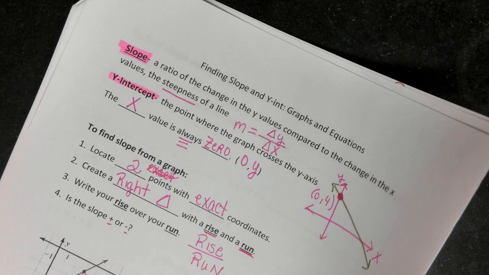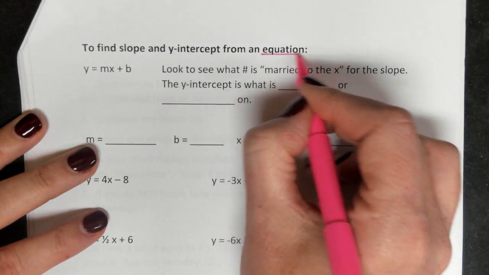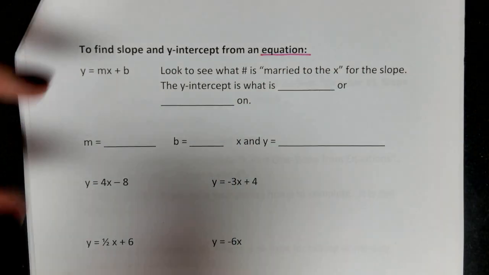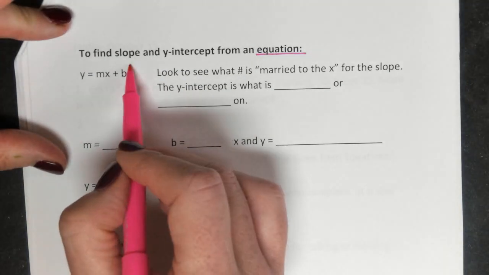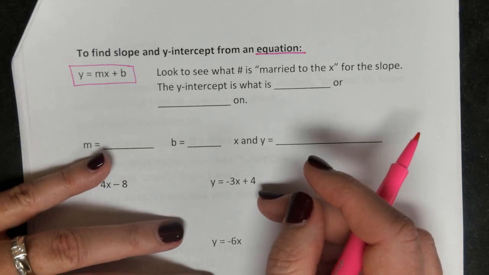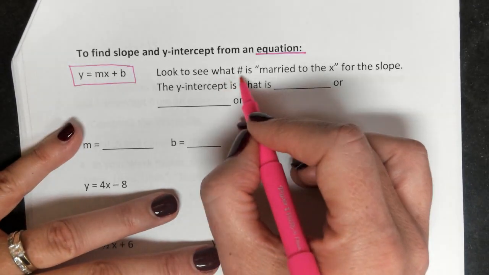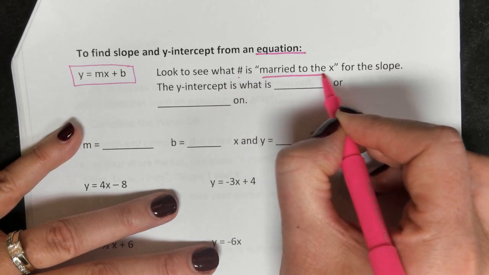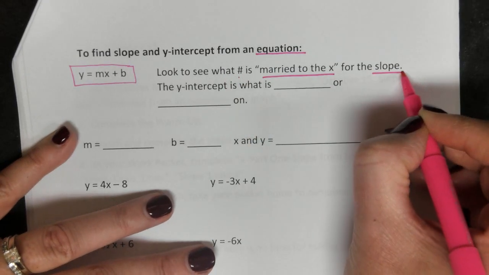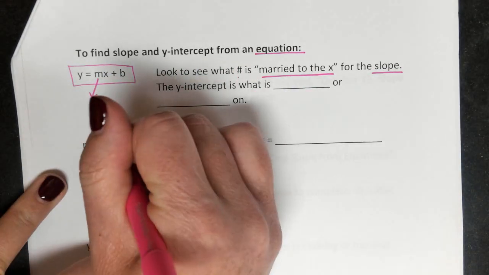Okay, the last part is we want to find the slope and the y-intercept from an equation, and this is actually pretty easy. Our equation is going to be in the form y equals mx plus b. We're going to look to see what number is married to the x for the slope. So m stands for the slope.